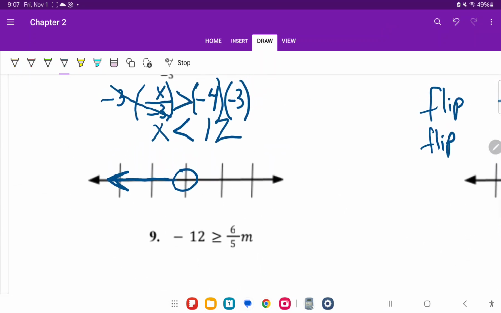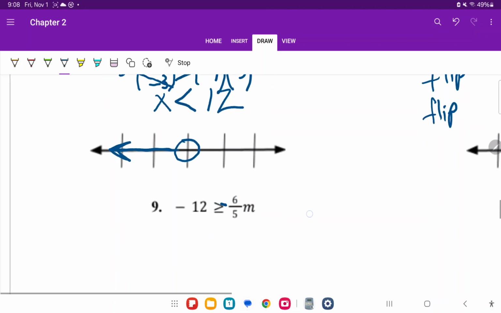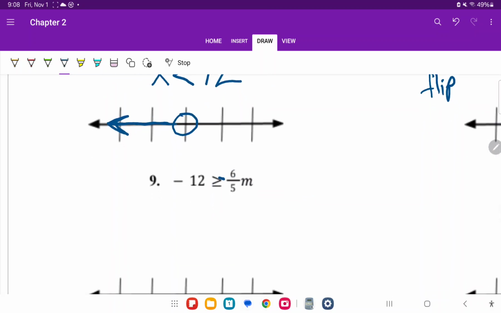Now, I want you guys to add a negative right there on that. So it's -6/5m. Okay?